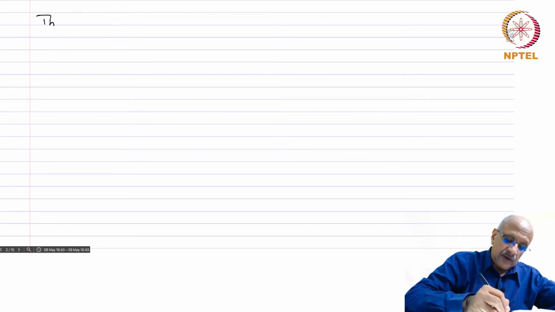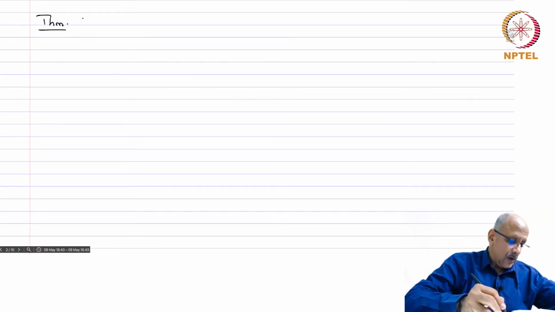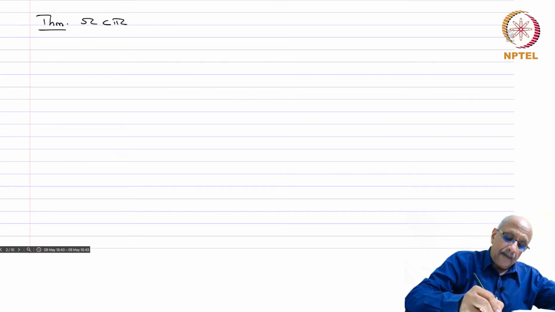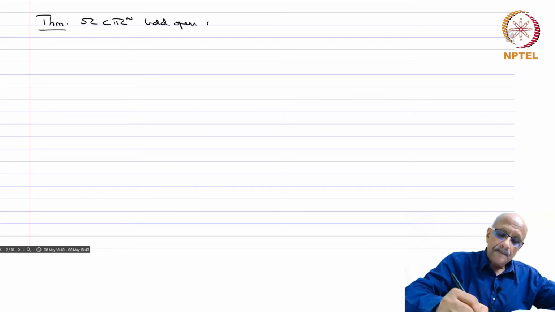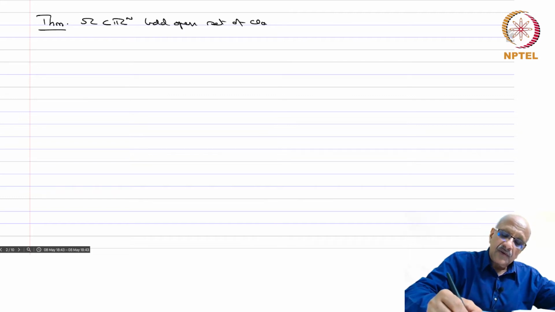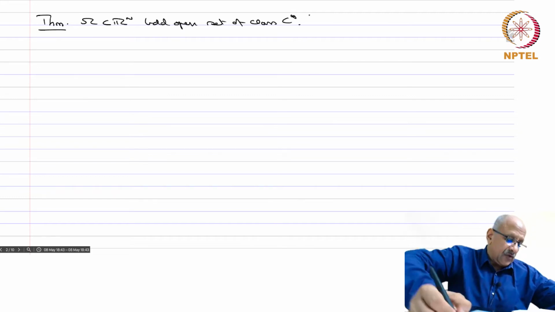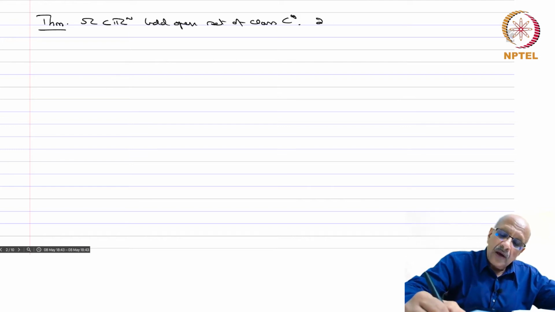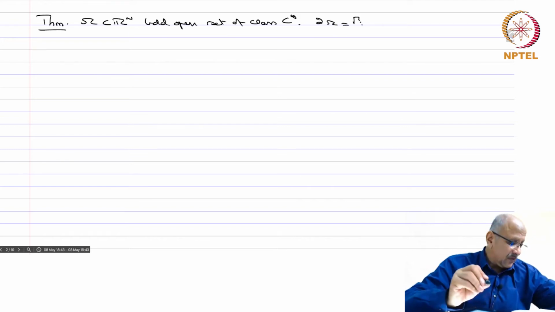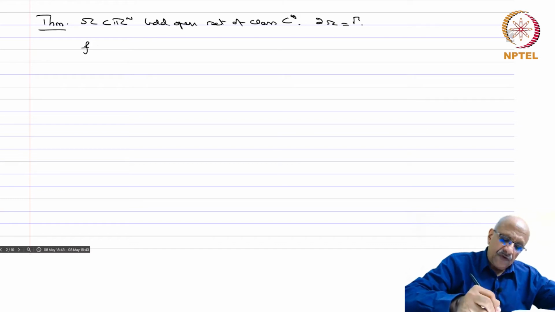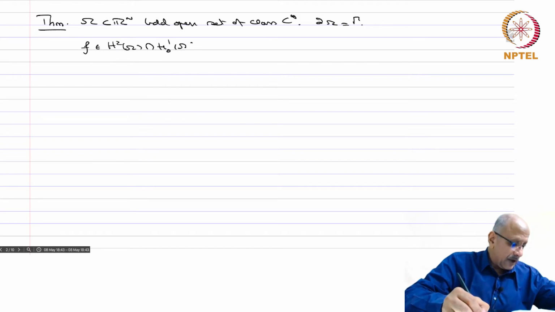So, we have the following theorem. Omega in R^n, a bounded open set of class C infinity. We are assuming maximum regularity so that we do not have to worry about various things. f in H2 of omega intersection H10 of omega, and g in H10 of omega.